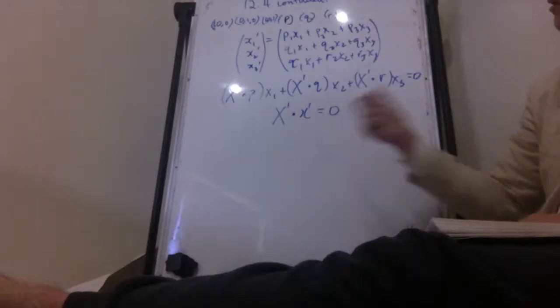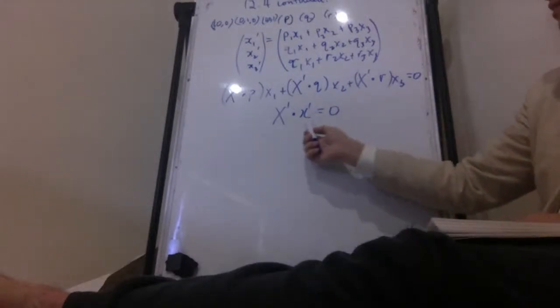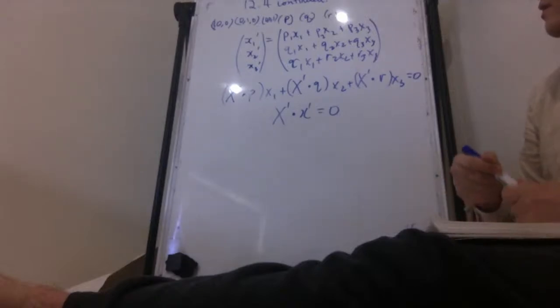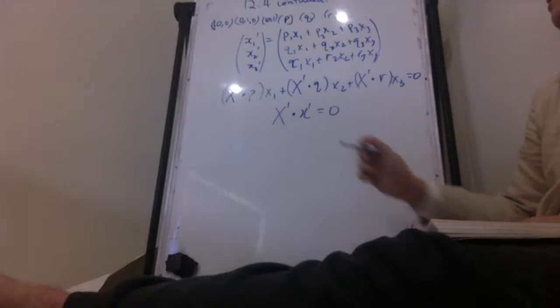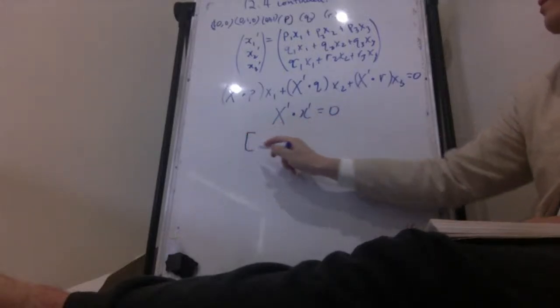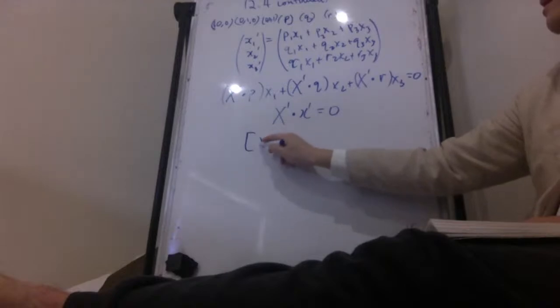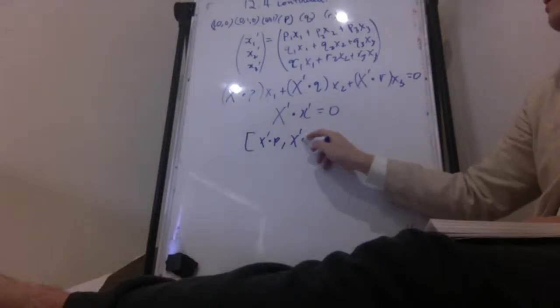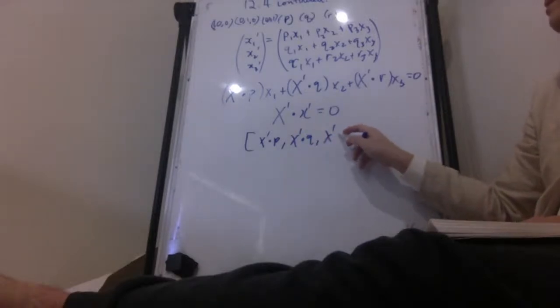Okay, so I'm starting to try to remember what it was about. This is saying the x prime lies on some line. And what's this saying? It's saying that the original x lies on the line with equation x dot p, x prime dot q, x prime dot r.